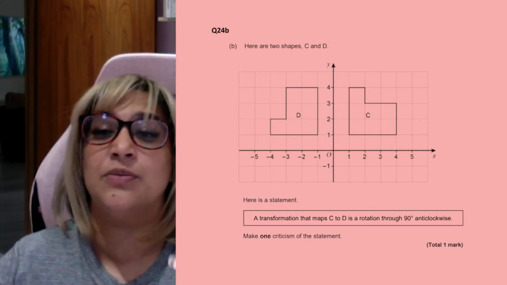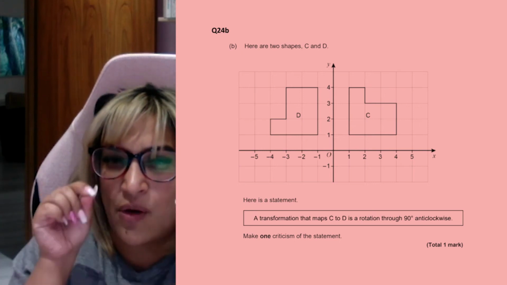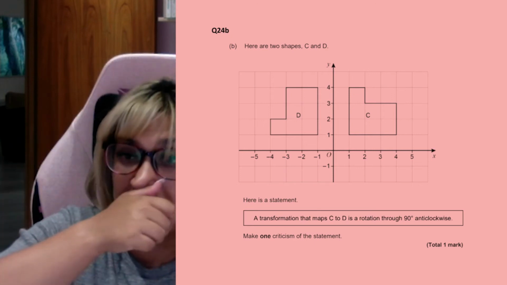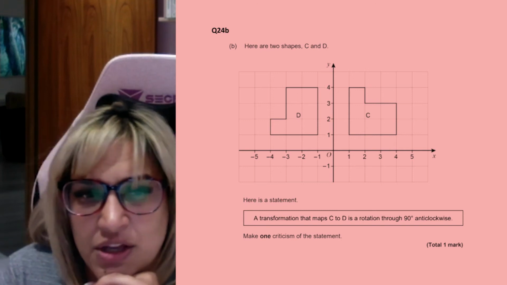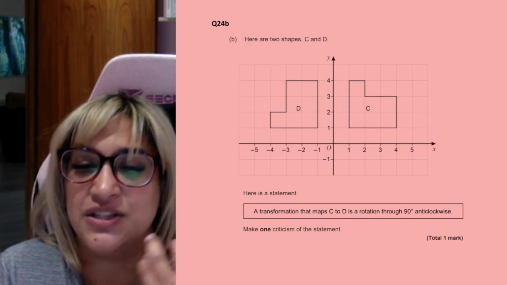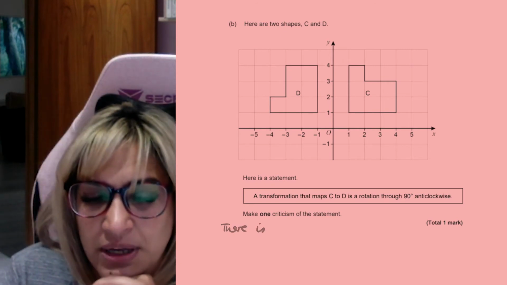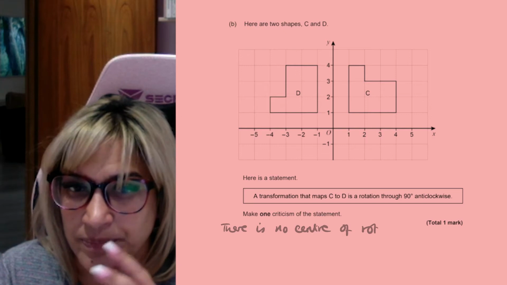Now this doesn't tell me what that center of rotation is. It's not telling me where I'm pinning my pen down in order to rotate it 90 degrees anti-clockwise. So my criticism is going to be there is no center of rotation. And if they had given that to us, we'd know where to do that from.